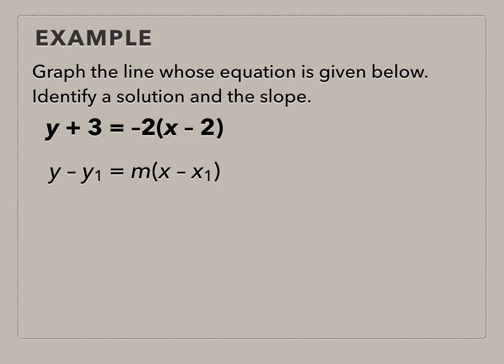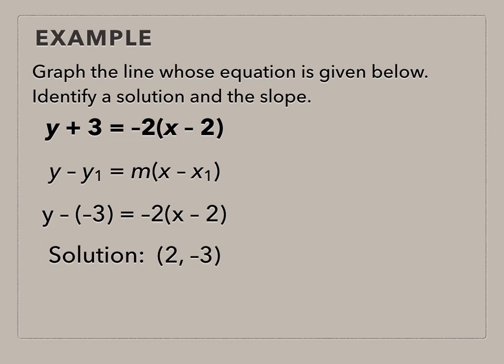Now let's see if we can revise the given equation so it's in point-slope format. So we're going to rewrite it as y minus -3 equals -2 times x minus 2. Now you can see the solution, right?